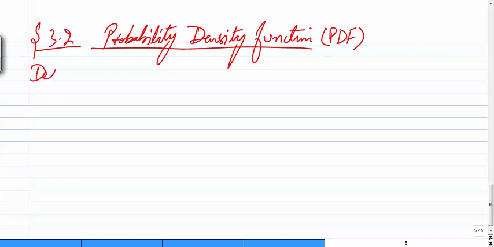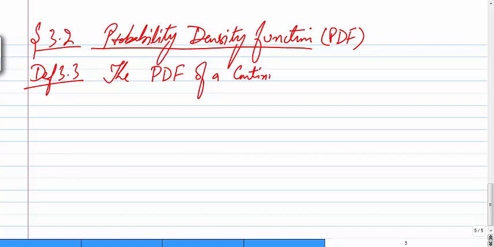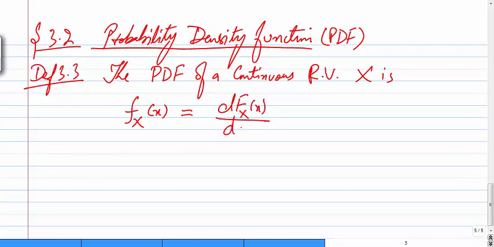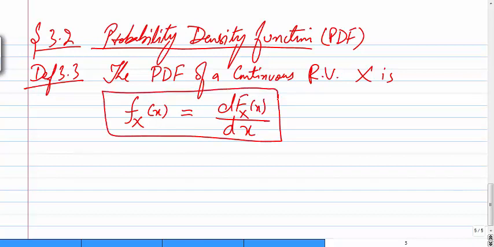Definition 3.3 says that the PDF of a continuous random variable X is defined as small f with subscript the random variable, and in brackets small x, equal to the derivative of F_X(x) divided by dx. So the PDF is actually the derivative of the CDF.